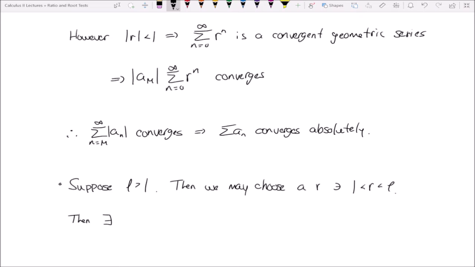Then there exists some value big M such that the absolute value of a sub n plus 1 over a sub n is greater than r for all n greater than or equal to this value big M.